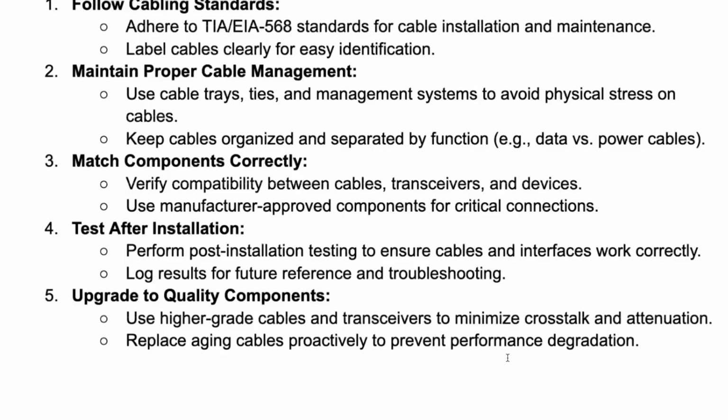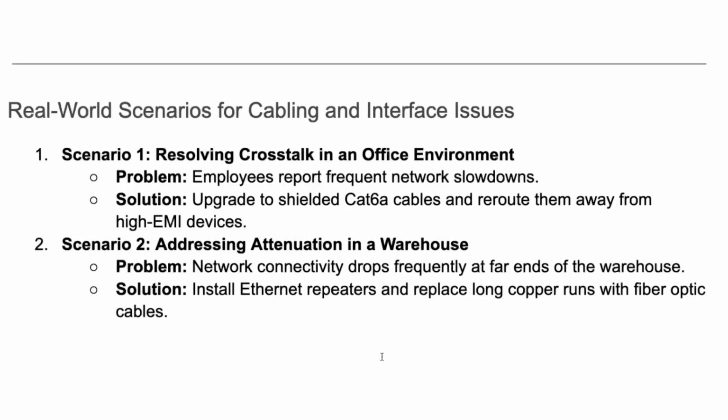Let me go ahead and order a replacement now, and then we'll replace this so that we don't experience any kind of performance degradation, attenuation, none of that stuff. We're just going to replace it in advance, and everything is going to be fine. We're not even going to have an issue, right? That's a part of the scheduled audit, the scheduled testing of your devices and your cables and your transceivers to just avoid a problem. Which brings us to our scenarios.